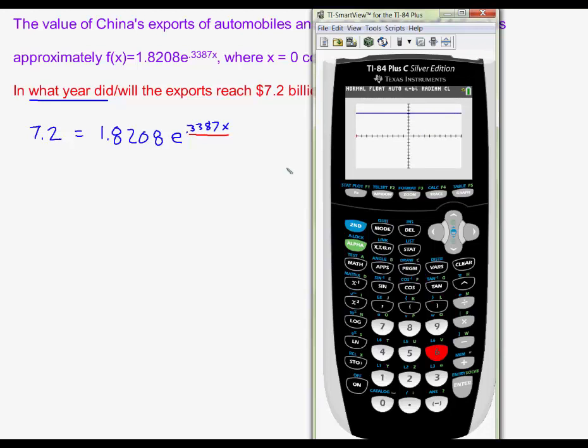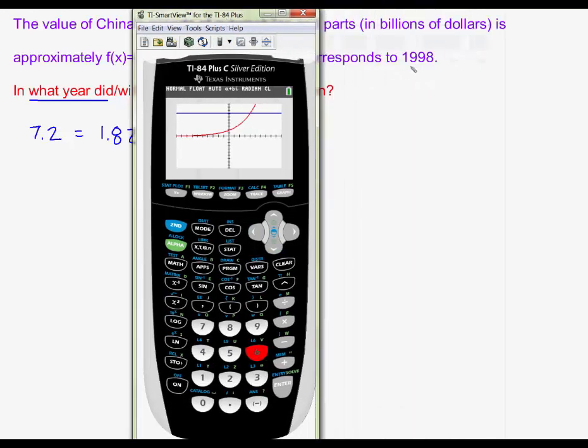But I think we're getting lucky because my exponential here starts at a value of 1.8, which is also in the window from -10 to 10. In fact, this is about 1.8. And it grows fast enough that the answer to my problem turns out to be a number between -10 and 10, meaning China's exports will reach $7.2 billion in the first 10 years since 1998.